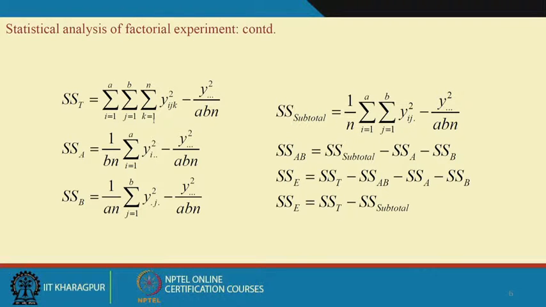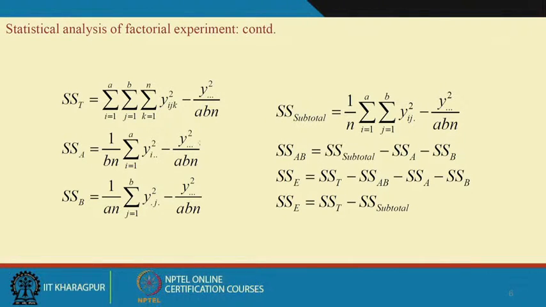Then SSA will be the sum of squares of the rows divided by the number of observations, minus this correction factor. This is basically the correction factor for mu. Then similarly SSB; these three you have seen earlier.